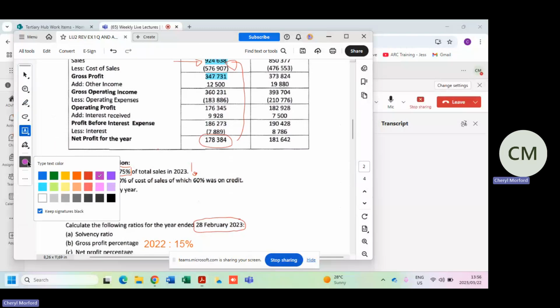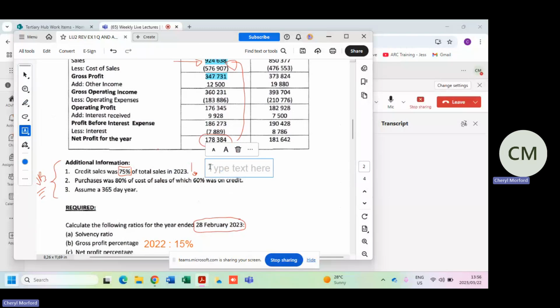We don't want any careless mistakes, please. What happens if you read this instead? If it said cash sales for 2023 was 25%, don't just look in the info and find a percent and it's sales and then you use it and then you make a silly mistake.